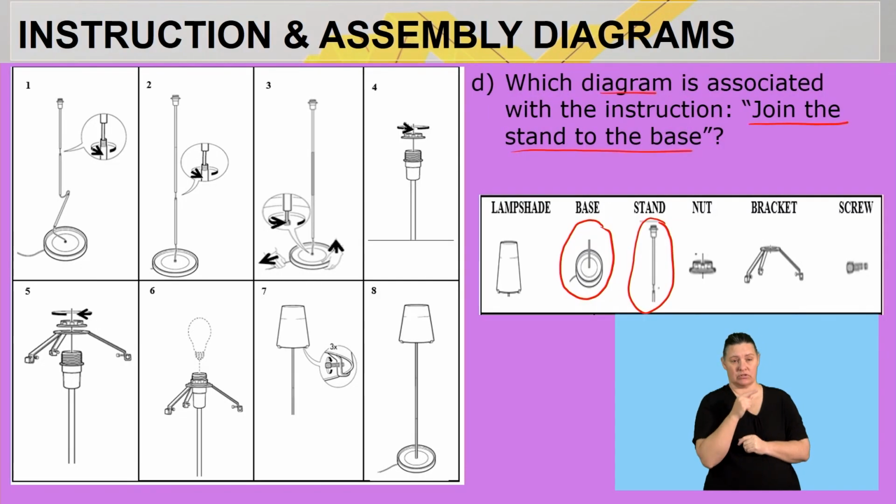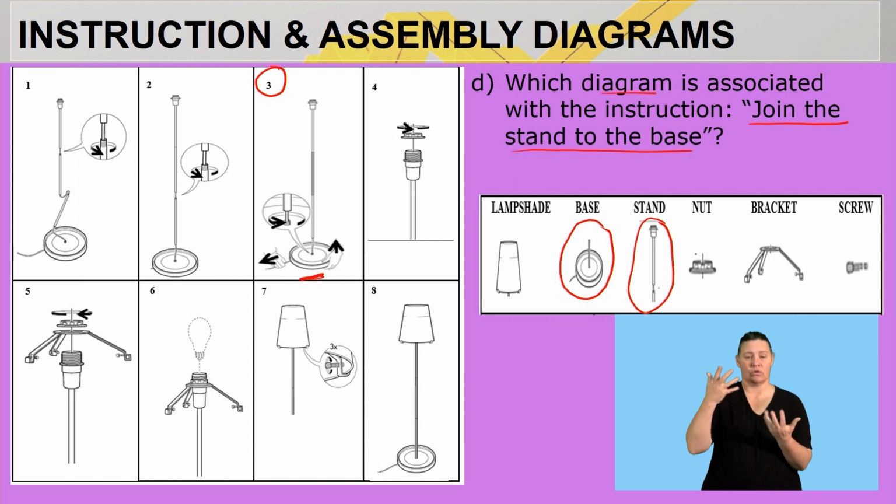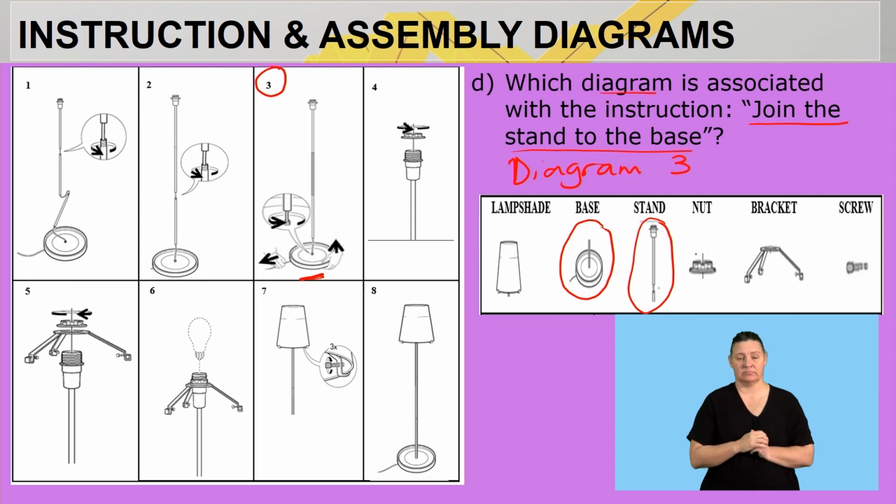Looking at the diagram, I'm sure you'll agree that will be diagram 3, step 3, because here is my stand and there's my base, and we are joining the 2 parts together. Guys, are we fine?